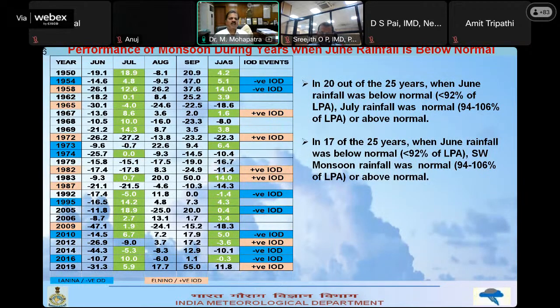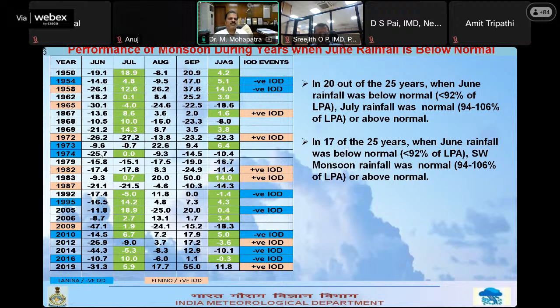Now, if I look at the performance of the monsoon during June rainfall below normal categories, on the left-hand side table you will find the years when June was below normal, from 1950 onwards up to 2024. Not deficient exactly, but below normal activity.